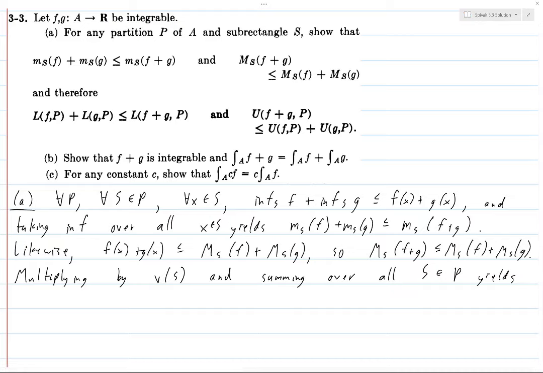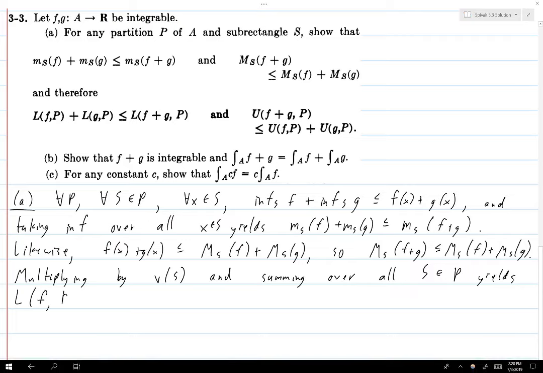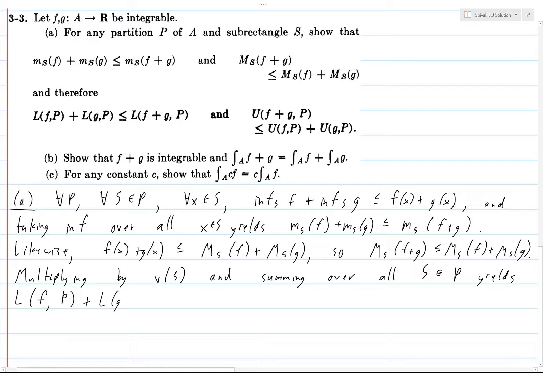And so with the lowercase m's, you multiply the left-hand side by Vs, and you get MSF times Vs plus MSG times Vs. And then when you sum over all S in P, you factor out the V of S, and you get two separate sums: one of the sums will be L of F,P, the other sum will be L of G,P. And the right-hand side, of course, will be L of F plus G,P.